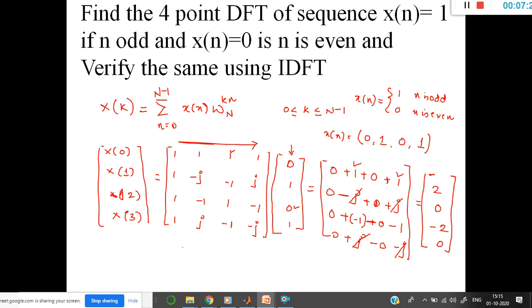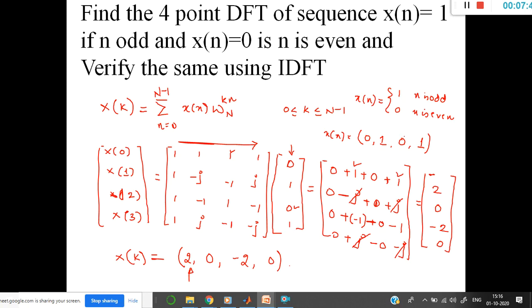So finally, what is the value of X of k here? The DFT of the input sequence, that is 0101, is equal to 2 0 minus 2 0. In the previous class, dear students, I told you the first sequence of the DFT is nothing but the sum of your input.